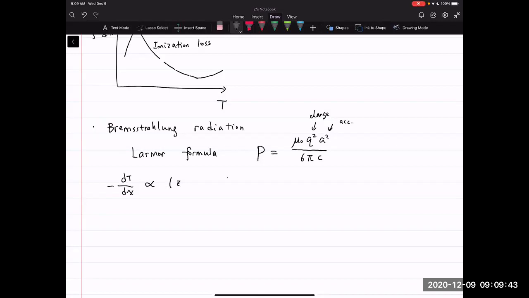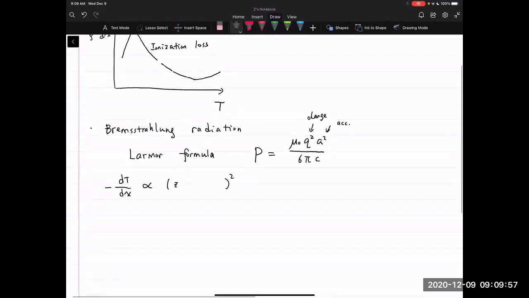The acceleration will be proportional to the force between the charged particle and the material divided by the mass. The force between the charged particle and material is Coulombic, and will be proportional to small z times capital Z.